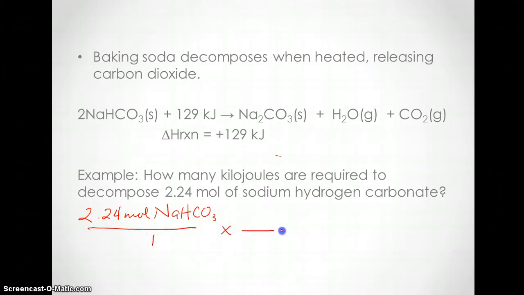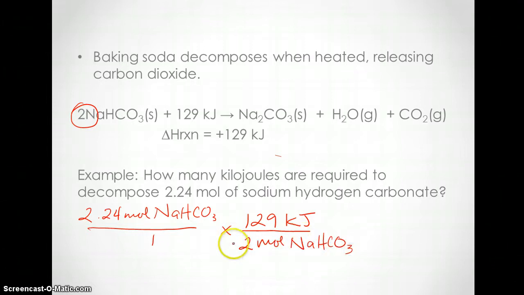Now, our heat of reaction, since it's in the balanced equation, we can think of it like part of the balanced equation, meaning we're basically doing kind of a kilojoule to mole ratio like what we did in stoichiometry. So, 129 kilojoules for every 2 moles of NaHCO3. So that number of moles comes from the balanced equation, just like a mole ratio does.